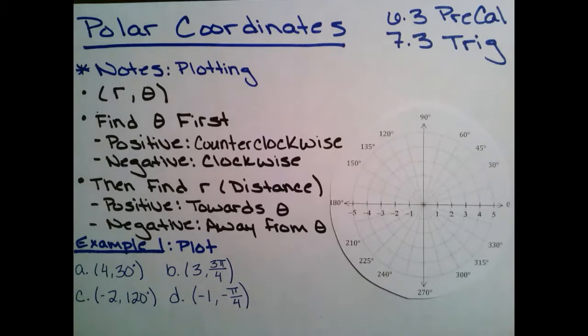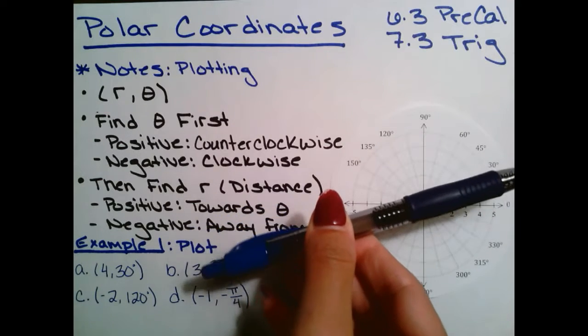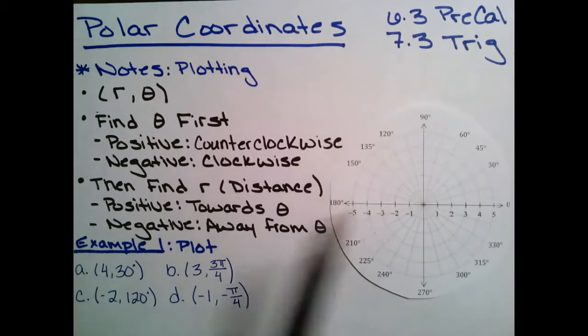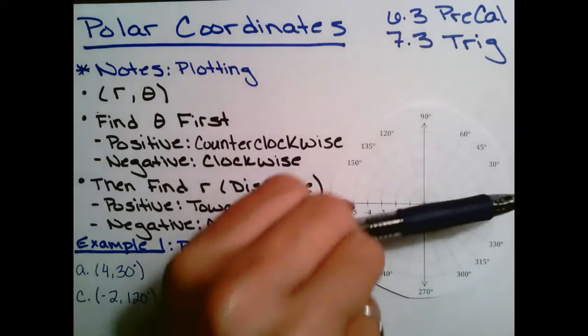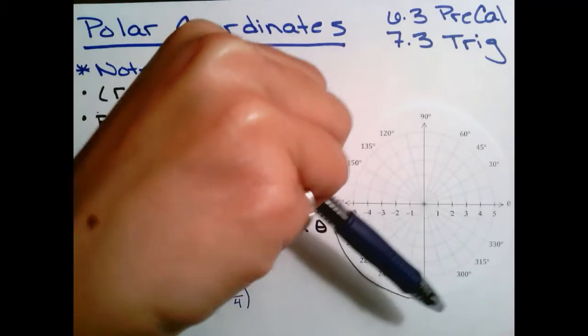If I give you a positive number, let's look down here at examples like 30 and 120, we're going to go just like the unit circle and go counterclockwise. So starting at 0, we would go up and over. If I were to give you a negative number, you can see down here this negative pi over 4, you would travel downward, just like the unit circle.